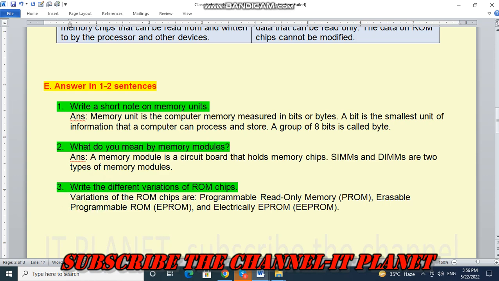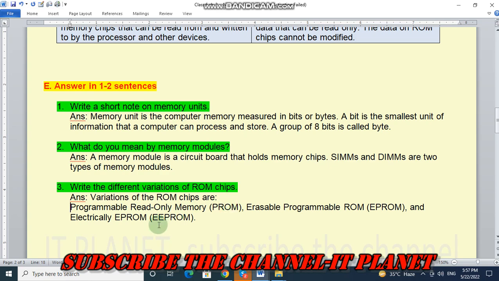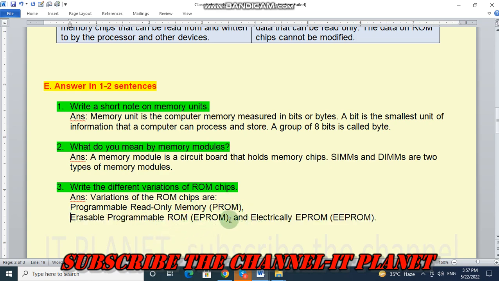The variations of ROM chips are programmable read-only memory, the short form is PROM; erasable programmable ROM, that is EPROM; and electrically erasable programmable ROM, EEPROM. So these are the answers of question answer in 1 to 2 sentences.